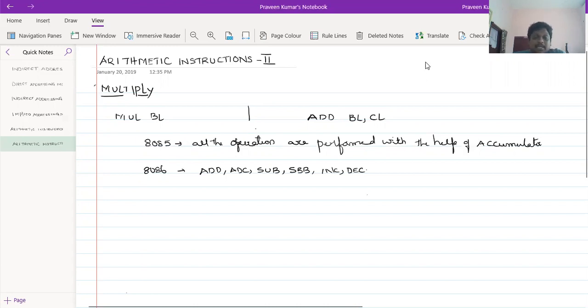But for some complex instructions like multiplication and division, the operations are done on the accumulator.